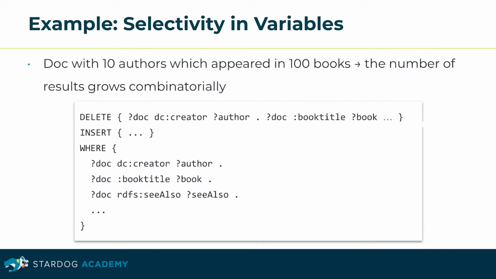So let's talk about selectivity in variables. Here we have another example of a doc with 10 authors, which appeared in 100 books, and the results grow combinatorially. And we see here that we have doc creator author, and then doc book title book, doc seeAlso, seeAlso.